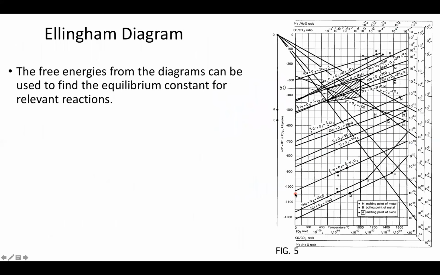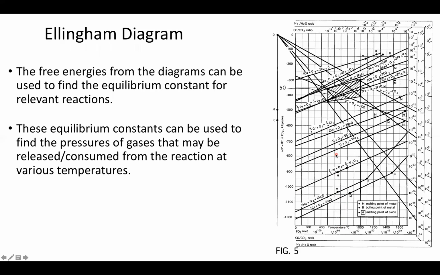So using these Ellingham diagrams, we can help determine the equilibrium constant for any relevant reaction. By identifying our reactions of choice and our temperatures, we can look up our free energies of reaction. And then by pairing two sets of free energies of reaction, I can generate an overall free energy and thus an equilibrium constant.